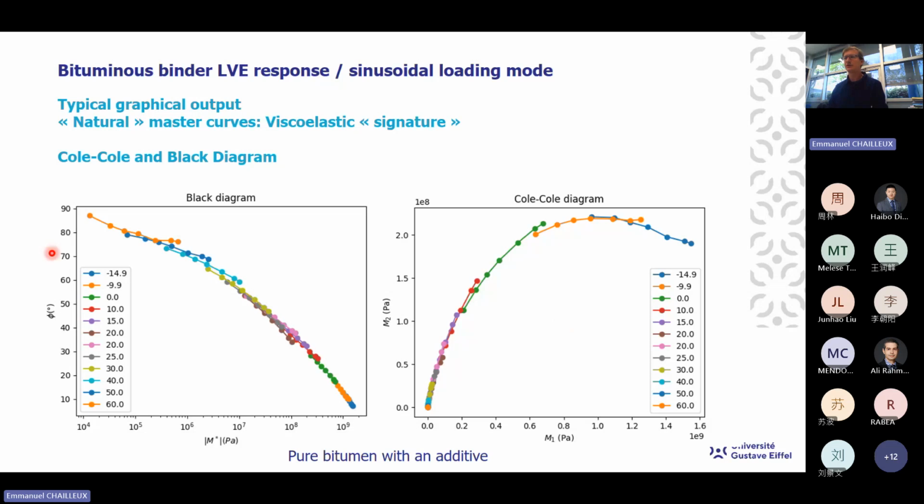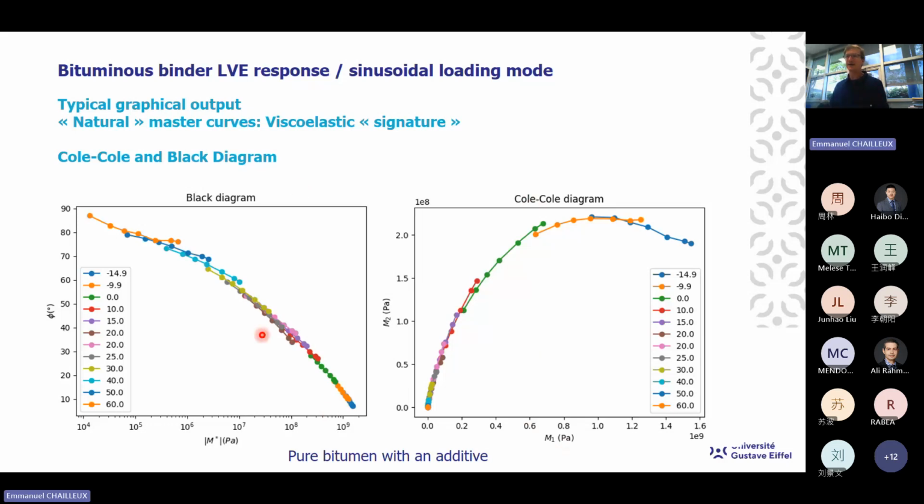On the left, we have the black diagram, which is the phase angle according to the norm of the complex modulus. And on the right, we have the Cole-Cole diagram, which is another representation of the natural master curve, which is the imaginary part of our complex modulus according to the elastic part.